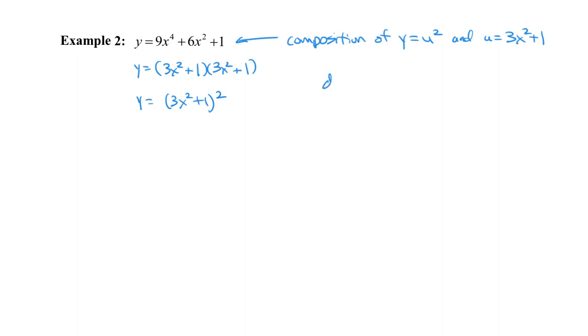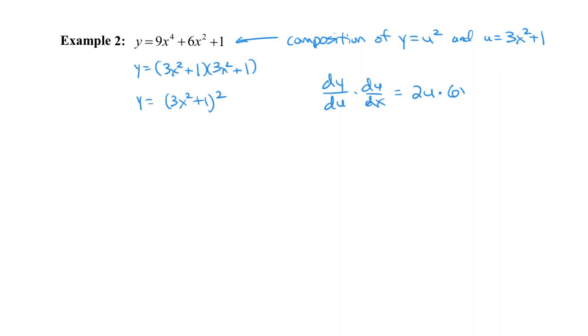Okay, so then if we had dy du times du dx, we would get, well, dy du, the derivative of y with respect to u, that's just going to be 2u by the power rule, right? That's equal to 2u times, then we look at du dx. You come over here, the derivative of u with respect to x by the power rule is going to be 2 times 3, which is 6x.